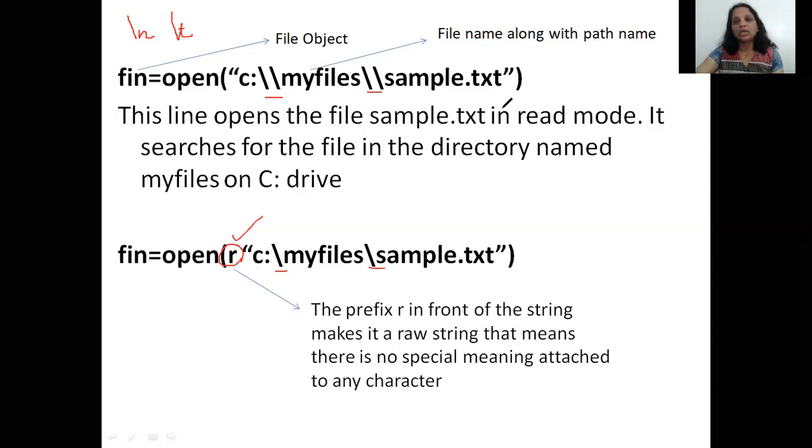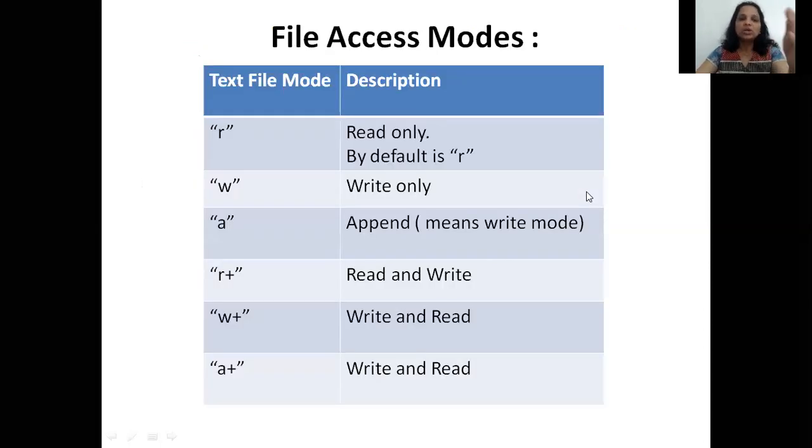Clear? Okay, now let's go on to see the various opening modes, or access modes, that we can use. You can write any of these access modes that we have seen here. Now we're talking about only text files as of now. In this and the next video, we'll be dealing only with text files.